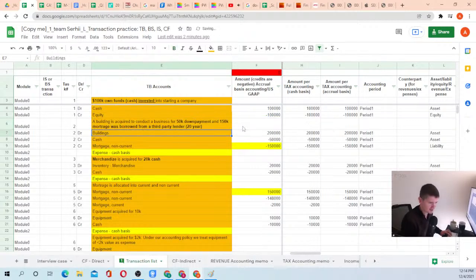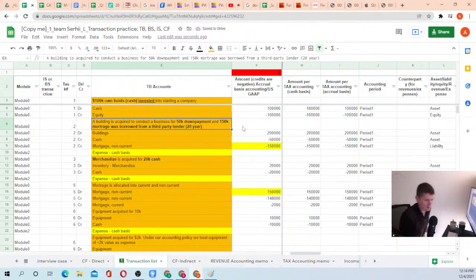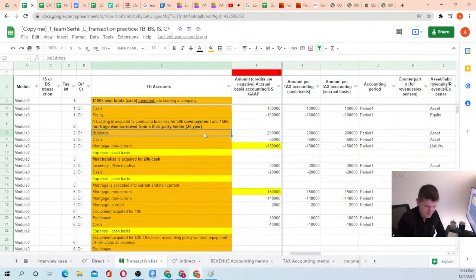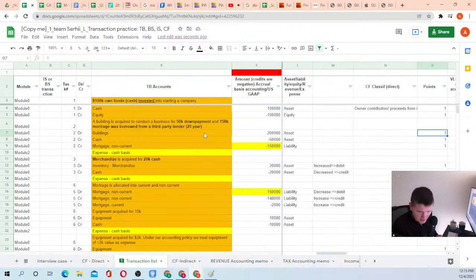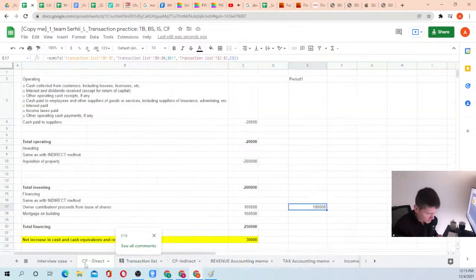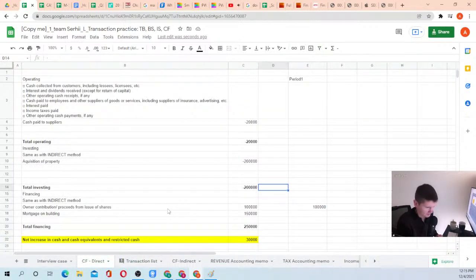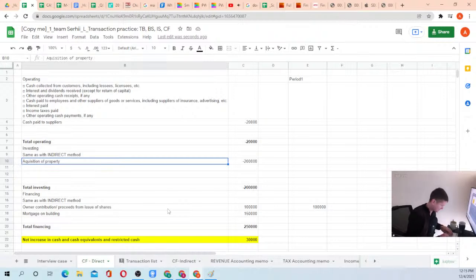So based on analysis, we will have to reflect gross numbers in our analysis, and that makes it complicated for the usage of the formula. First of all, let's call it building acquisition. Let's say just building.